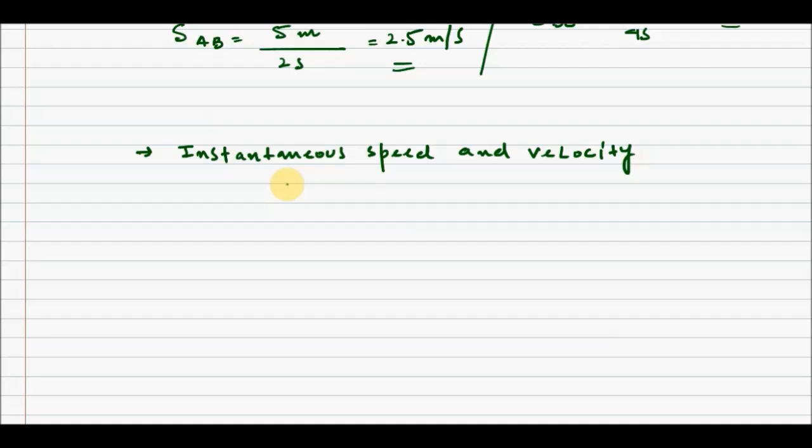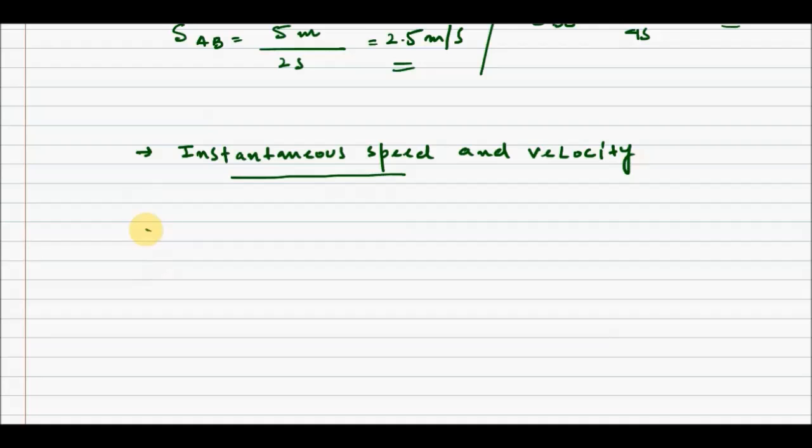The best example is that suppose you want to travel from one point to another point, and you are interested in knowing what your speed is at a particular instant. What you would do is look at your speedometer. The speed which your speedometer gives at that instant automatically gives you the instantaneous speed at that time, right?